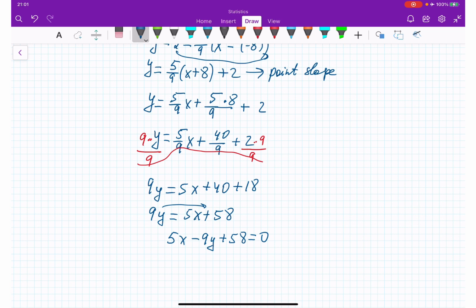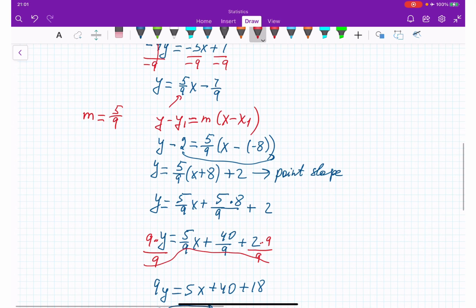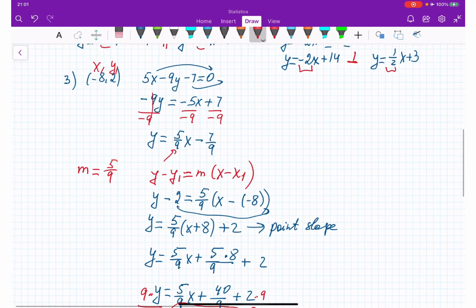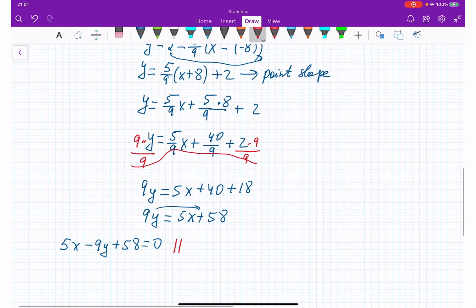And this equation is running parallel to 5x minus 9y minus 7 equals 0.